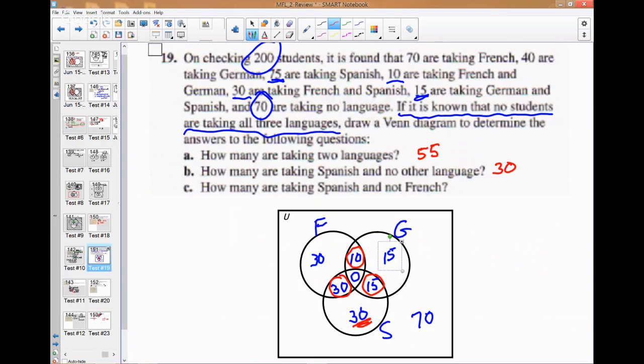How many are taking Spanish and not French? That's a tricky one. Do you see how to do that one? How many are taking Spanish and not French? Well, that would be these 30 and these two, right? They're also taking Spanish, but I can't count the 30, so that would be 45.